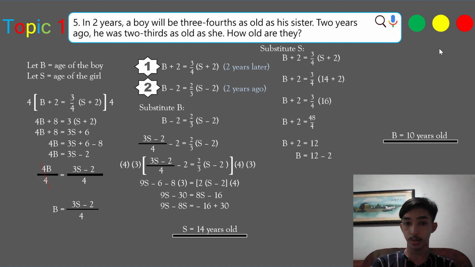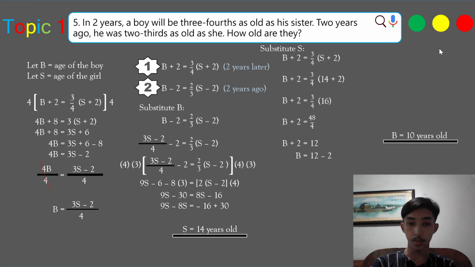So substitute the S. We have B plus 2 is equal to 3/4 times S plus 2. B plus 2 is equal to 3/4 times 14 plus 2. We add 14 plus 2 is equal to 16.